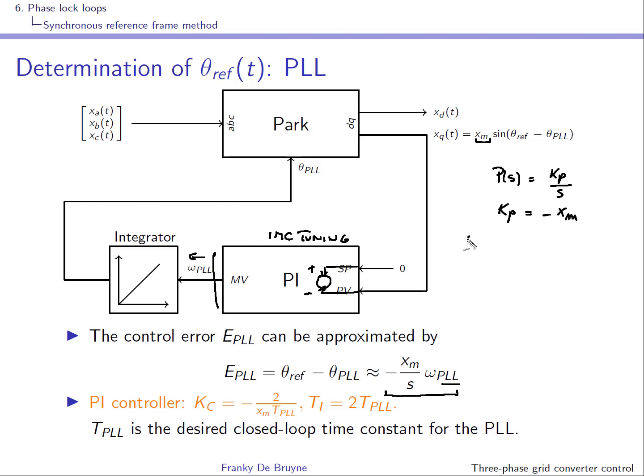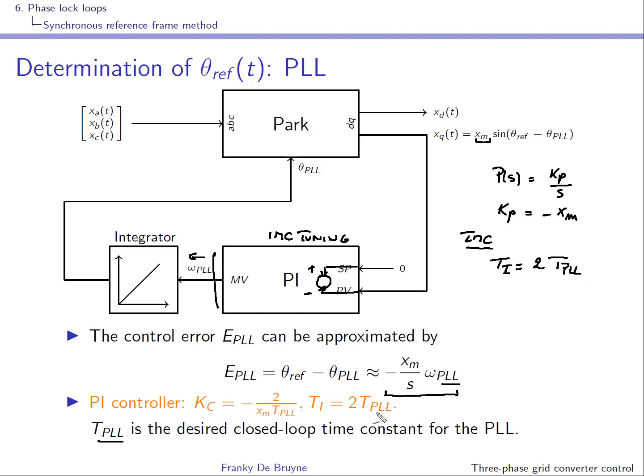The IMC rules say that you should use Ti equal to 2 times the desired closed loop time constant, and in this case we'll call this desired closed loop time constant for the PLL TPLL.